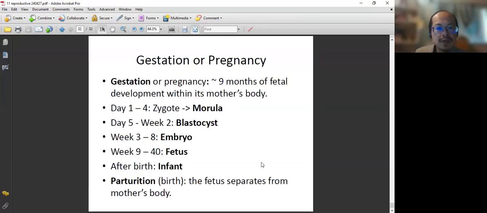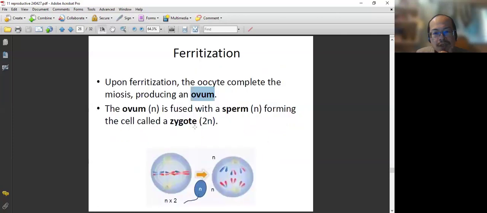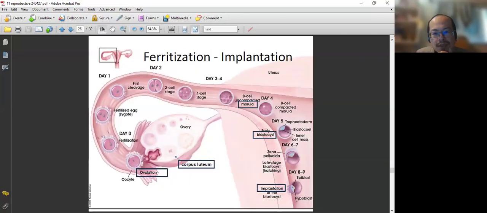There is also a timeline for embryo development. In the beginning, we have the zygote, and then in the first couple of days, we have the morula. A morula is a group of cells within a constrained space. Then we have a blastocyst, which gradually transitions into the hypoblast and epiblast.